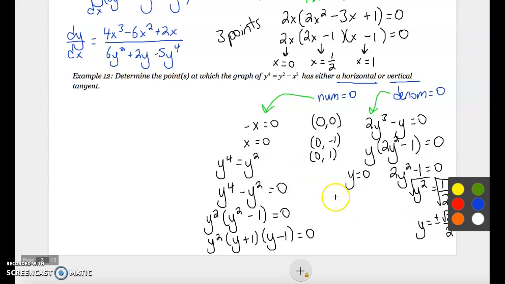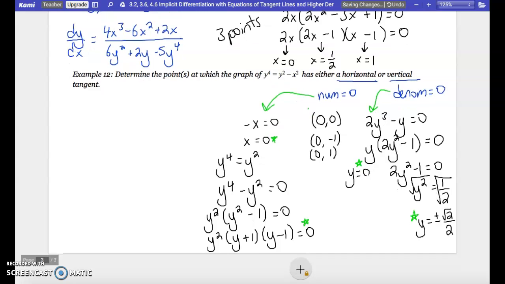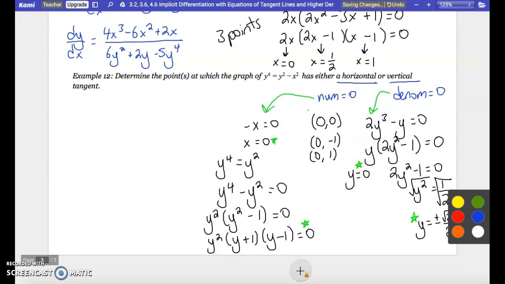So from here, I combined this and this to get each of these. And from here, I'm going to combine my y values with my x values in my original equation. So let's go ahead and define those ones.